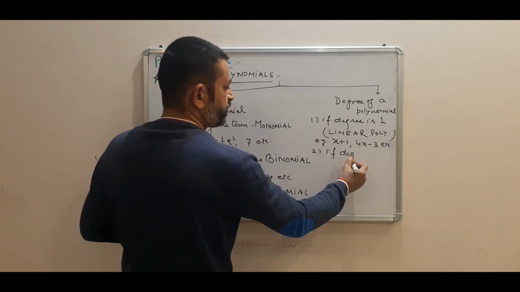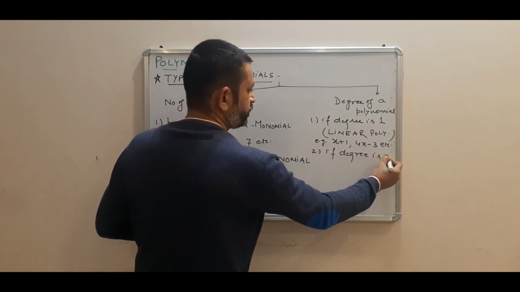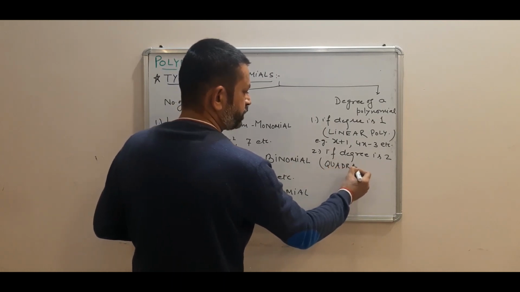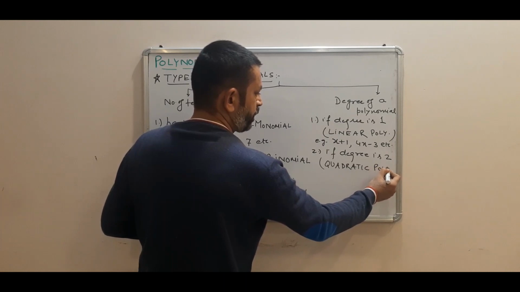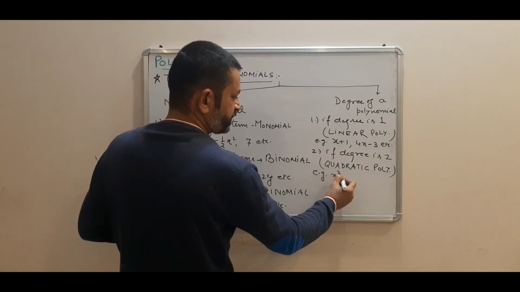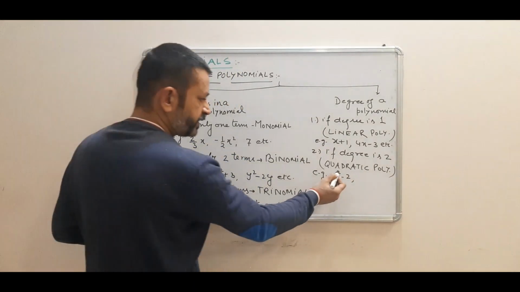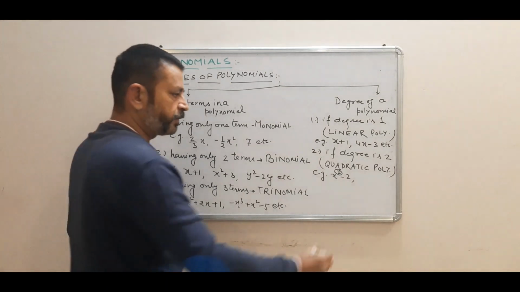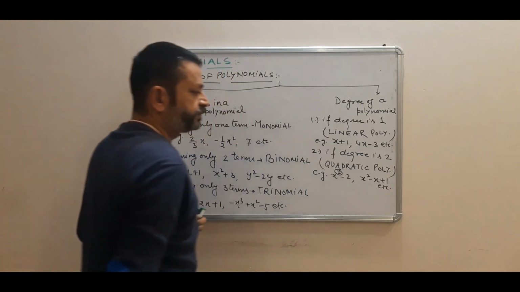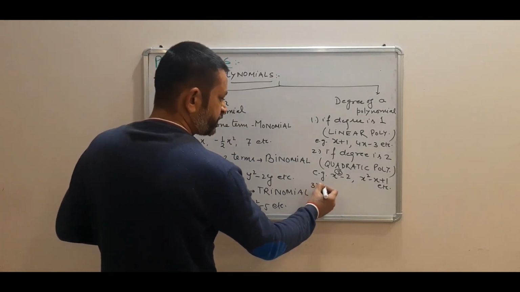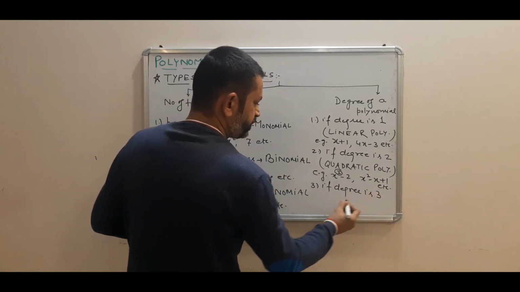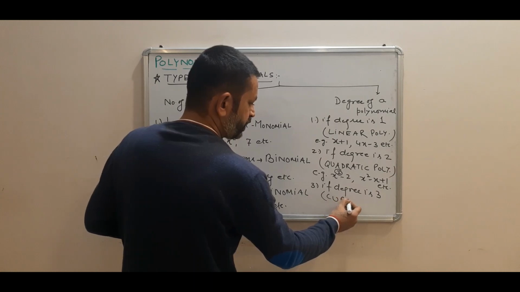If the degree of the polynomial is 2, it is a quadratic polynomial. For example, x square minus 2. So here the degree is 2, so that's why it is a quadratic polynomial. x square minus x plus 1, etc. And the third one is, if the degree is 3, that is known as a cubic polynomial.